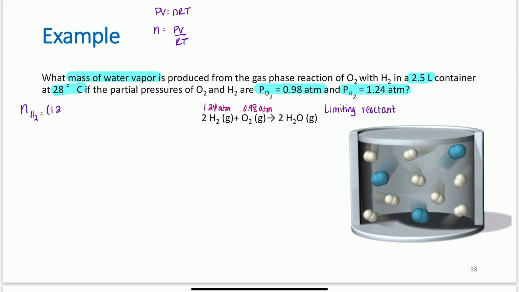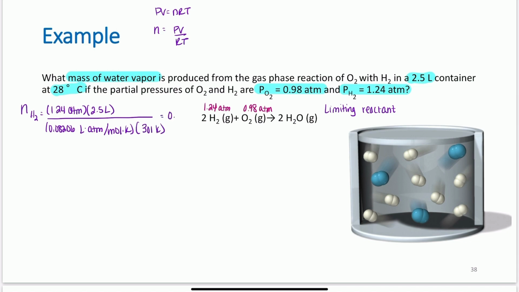For hydrogen, I have a partial pressure of 1.24 atmospheres. My volume is 2.5 liters. Gas constant, 0.08206 liter atmosphere per mole K. And my temperature, 28 degrees C, but in Kelvin, is 301 Kelvin.